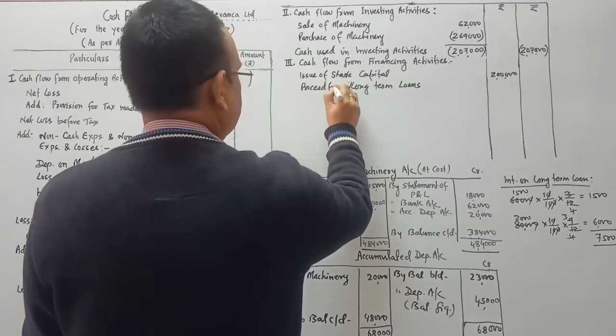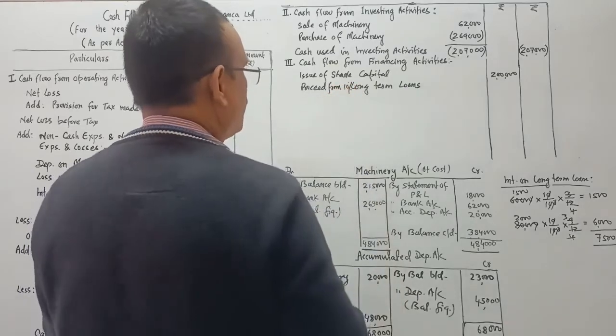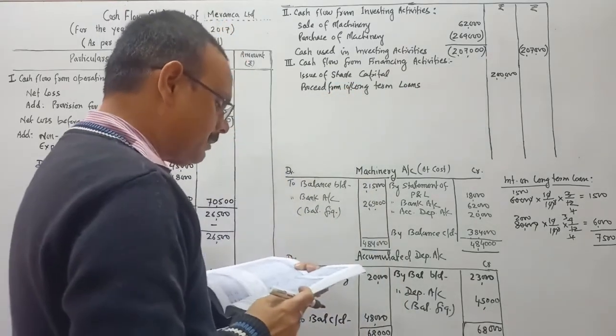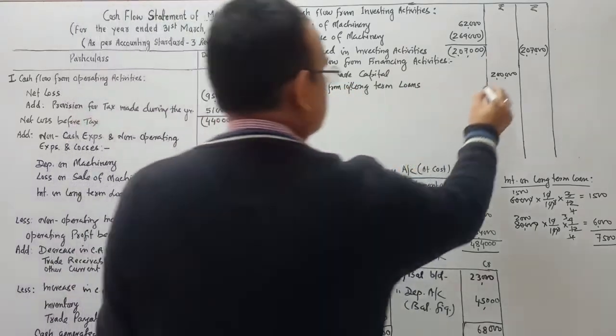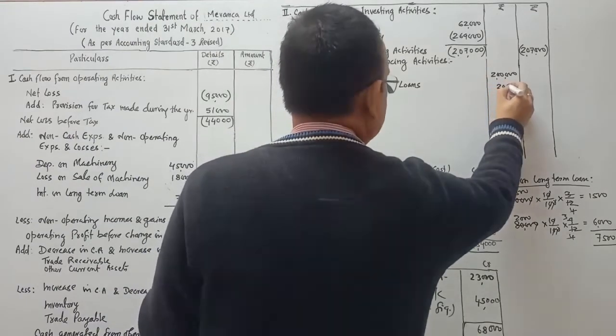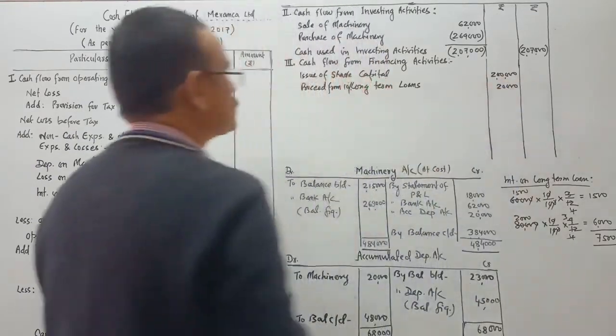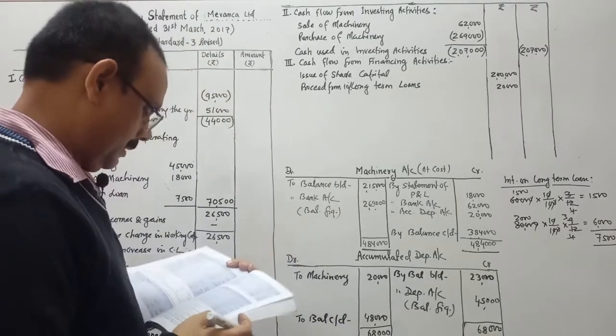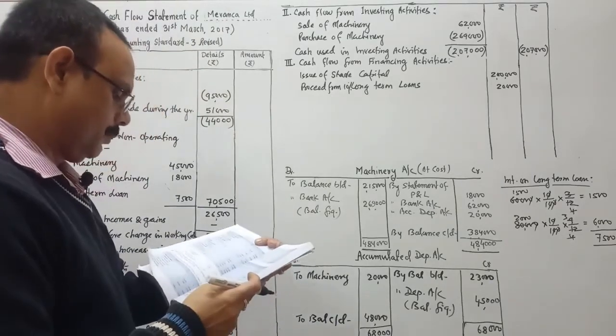Last year the figure was 60,000, this year 80,000, so it is increased by 20,000. This is also inflow.